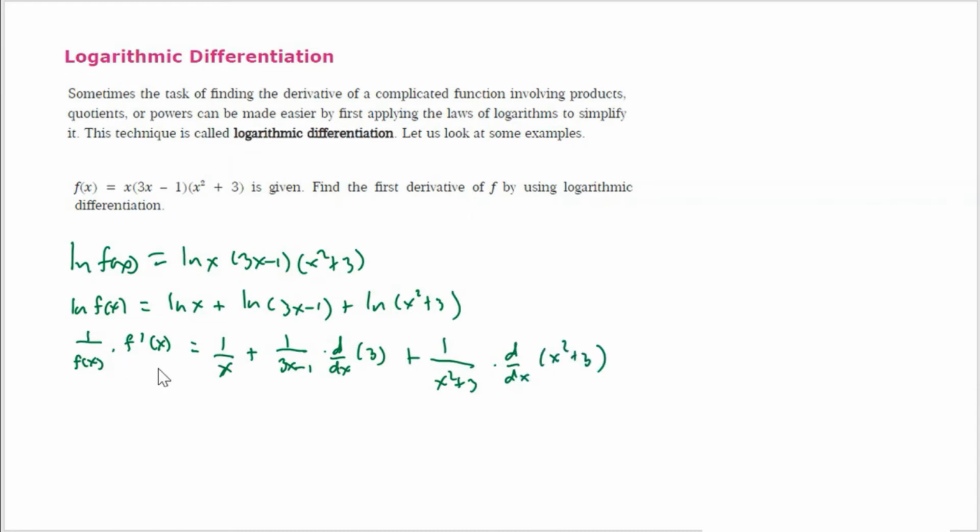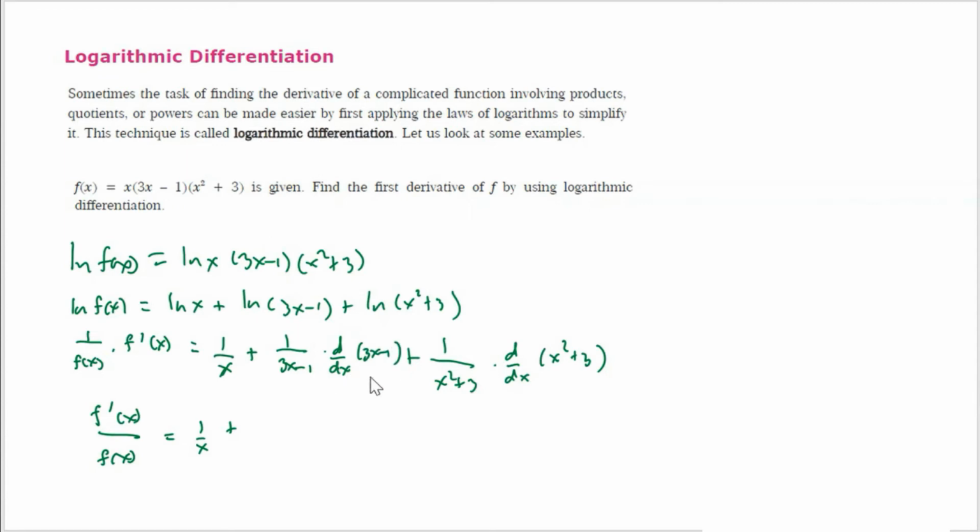So simplifying this one, f prime of x over f of x is equal to 1 over x plus we have the derivative of 3x minus 1. The correction for this: instead, I'm supposed to write there 3x minus 1.